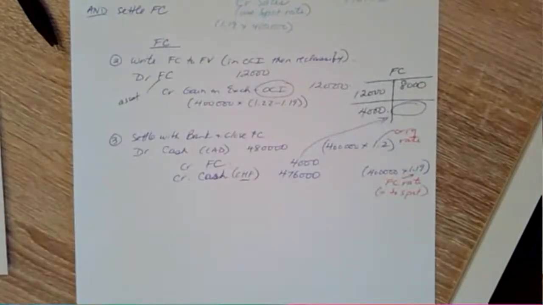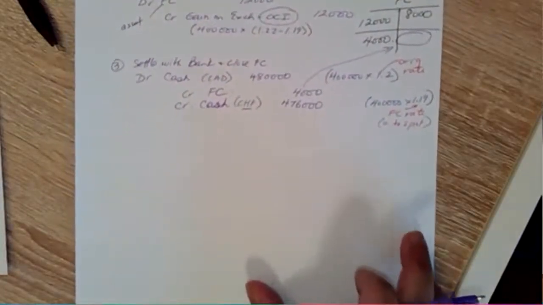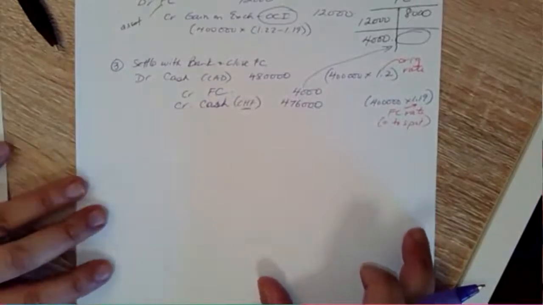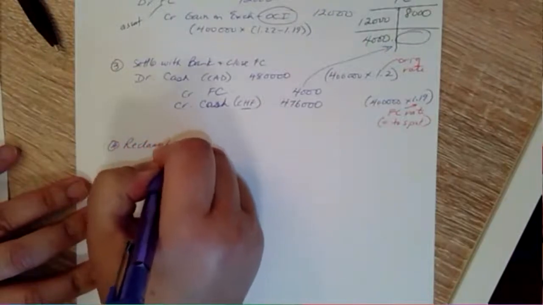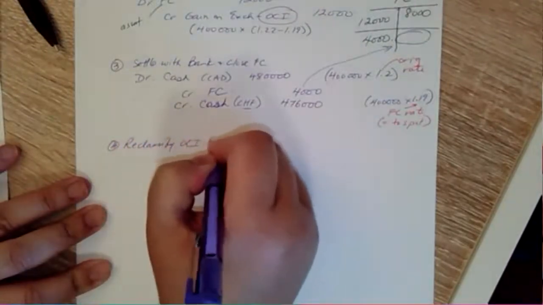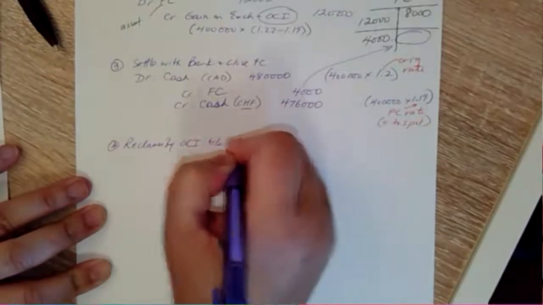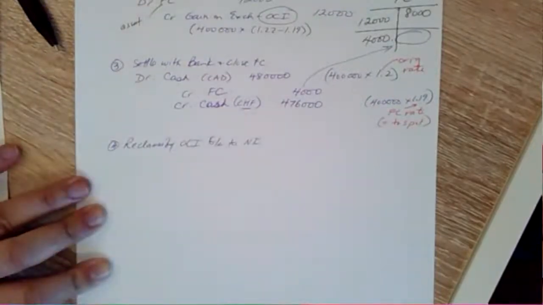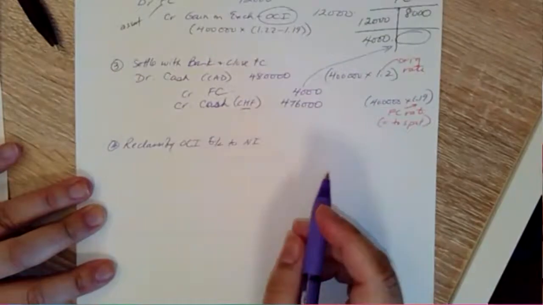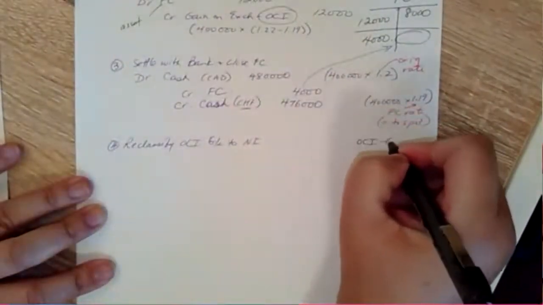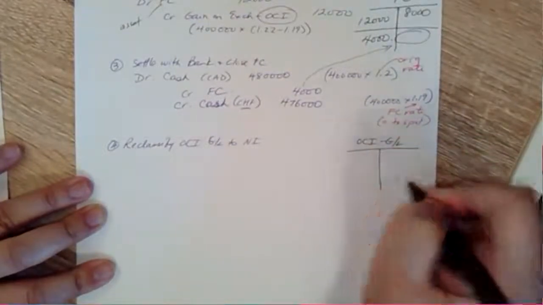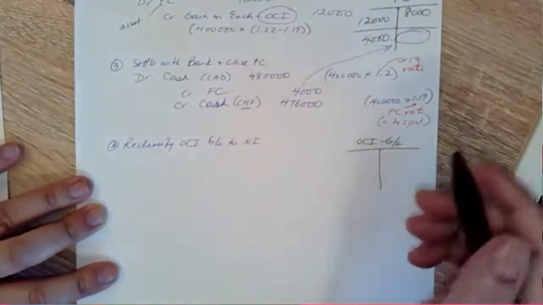Now, the final step for the purple guy, the forward contract, is we have to reclassify the OCI gains and losses to net income. So we need to see the balance in OCI gains and losses. And if you had two separate accounts, you just net them out.